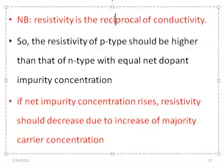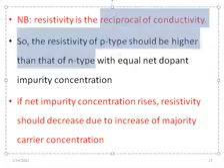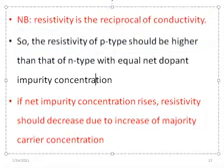For this reason the p-type should have more resistivity compared to n-type with the same dopant concentration. And whenever the net impurity concentration increases, we should expect the resistivity to decrease, due to the increase of majority charge carriers.